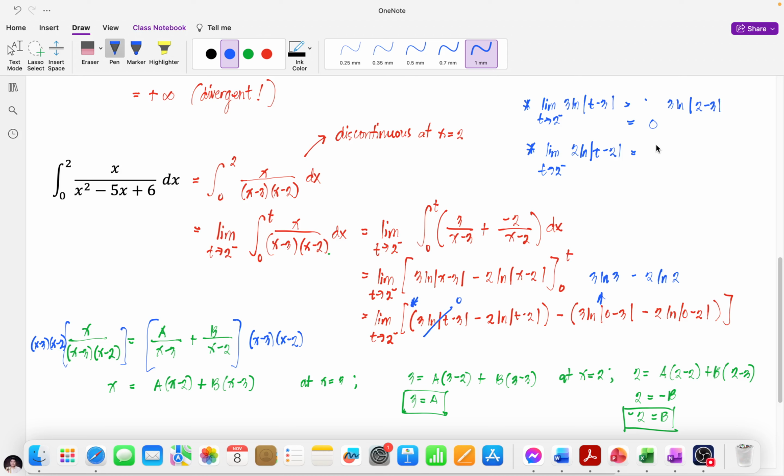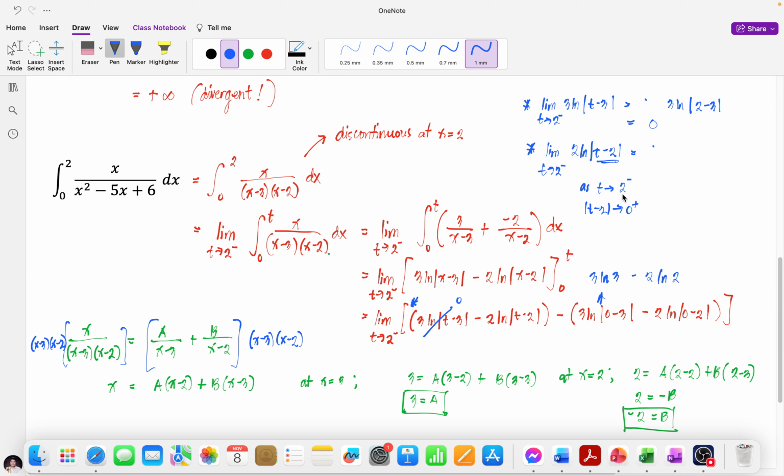As t approaches 2 from the left, absolute value of t minus 2 will approach 0 from the right.